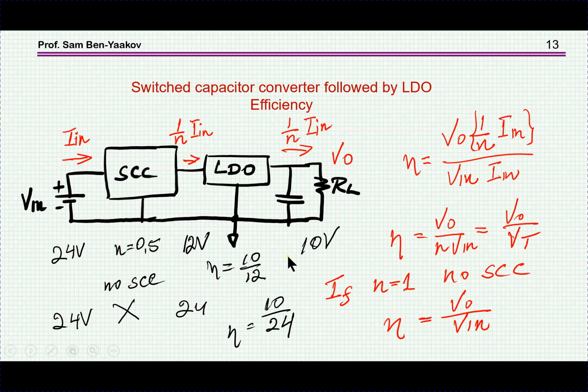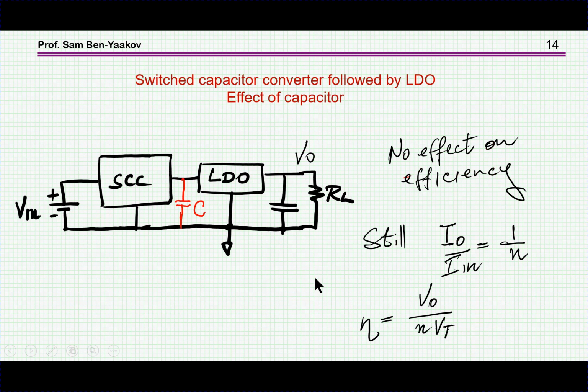Suppose the output is 10 volts, then the efficiency is 10 over 12. But without the switched capacitor converter, we have 20 volts here and 10 volts out, and the efficiency is much, much lower. So the switched capacitor converter can lower the voltage, and by that improve the efficiency of the system.